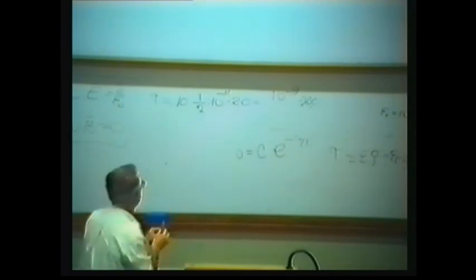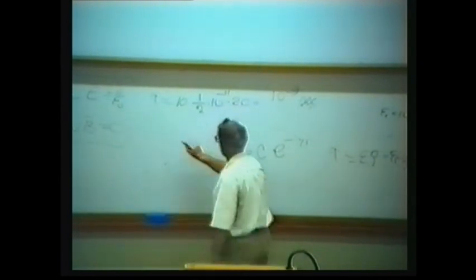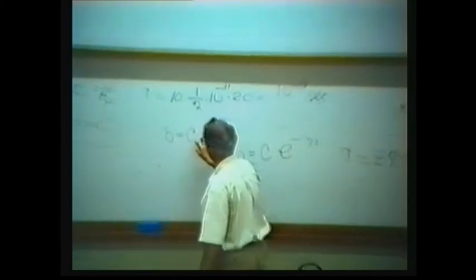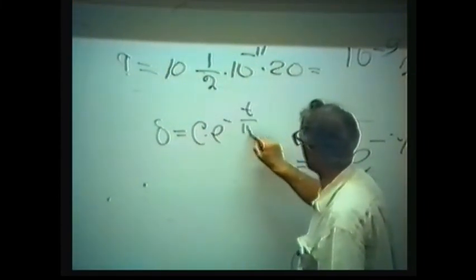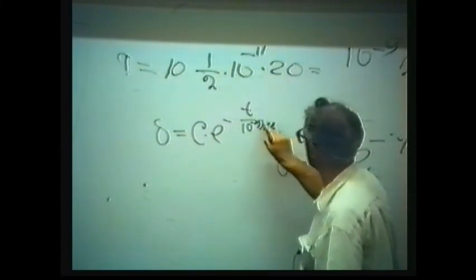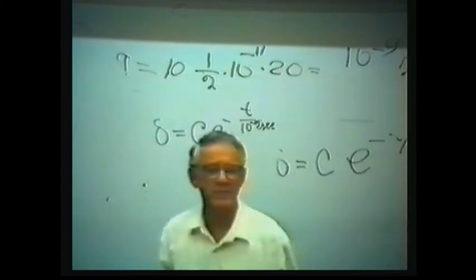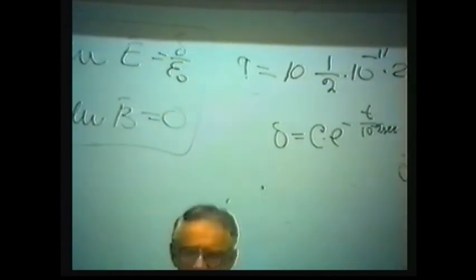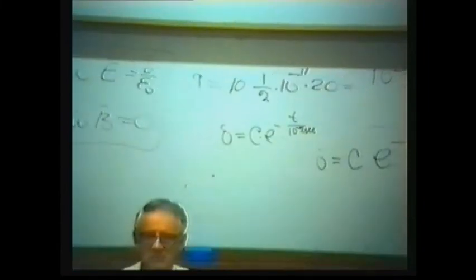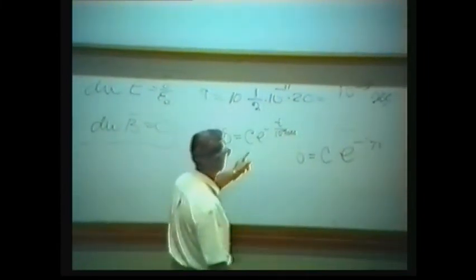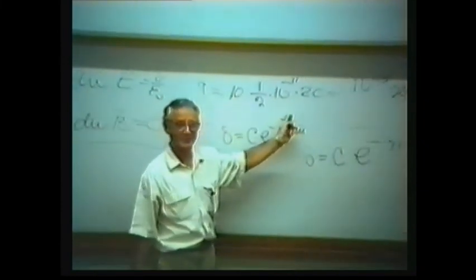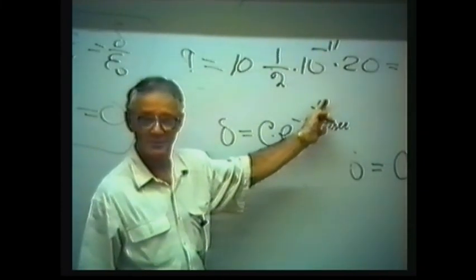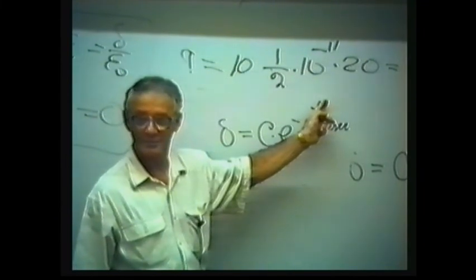So if you place charge, it is some constant, the charge at the first moment, times e to the power minus t over 10 to the minus 9 second. If you take 1 millisecond, what would be the value of the charge? Big or small?